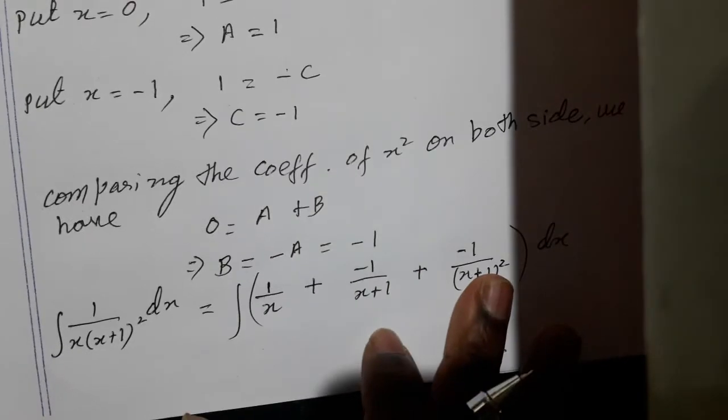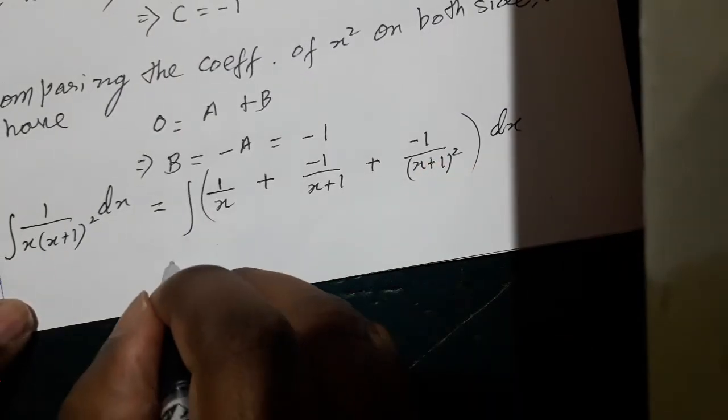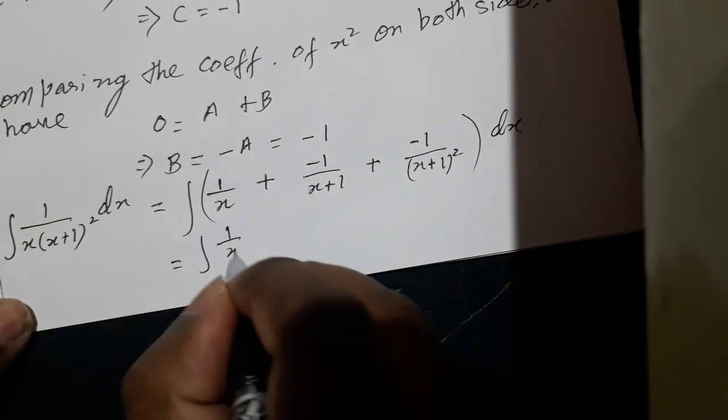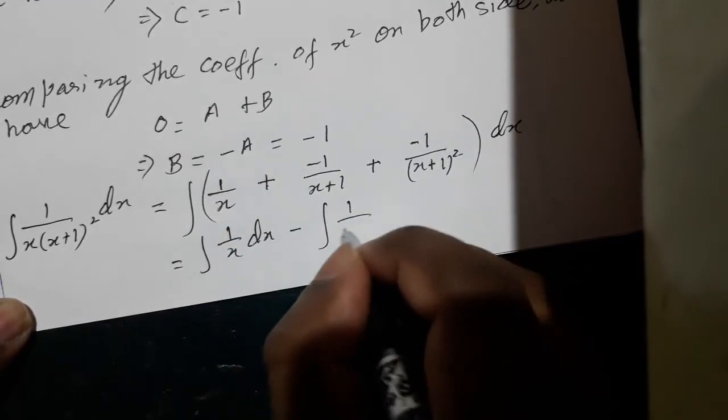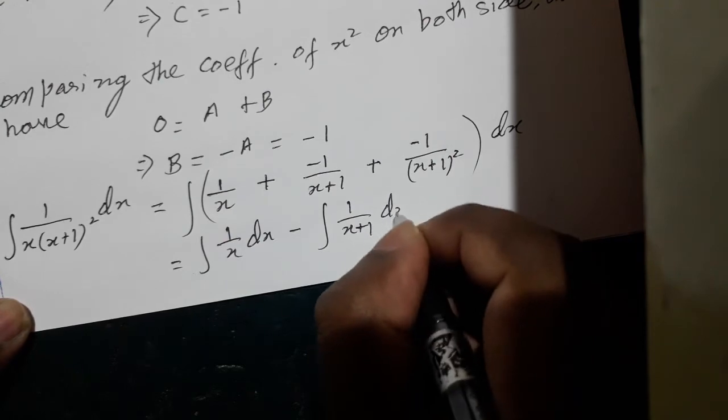So this you can separate. So if you separate this one, we get integration 1 by x dx, minus integration 1 by x plus 1 dx.